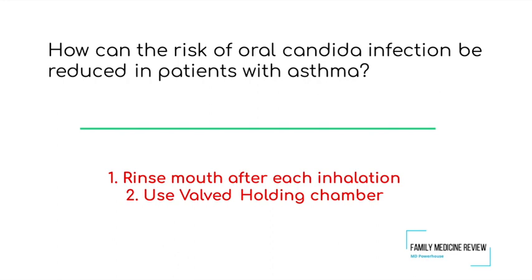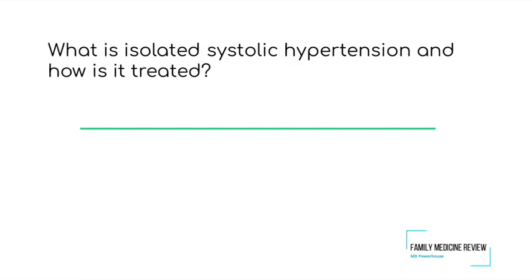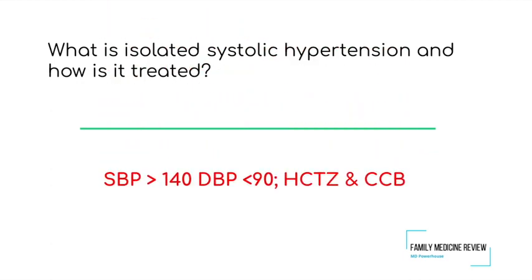What is isolated systolic hypertension and how is it treated? So isolated systolic hypertension is when the systolic blood pressure is greater than 140, while the diastolic blood pressure is less than 90.